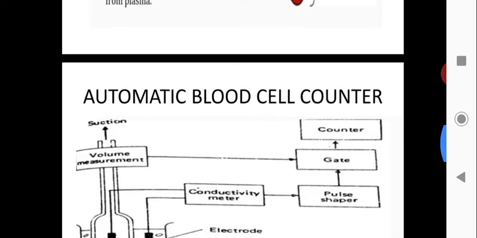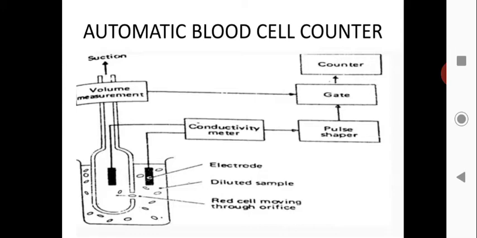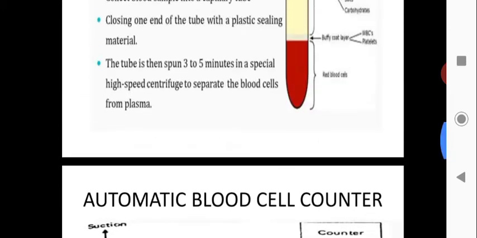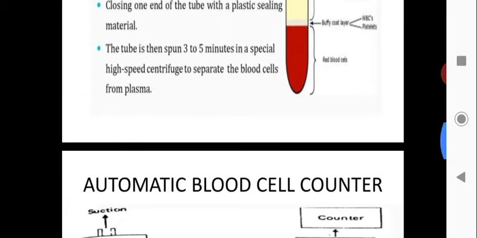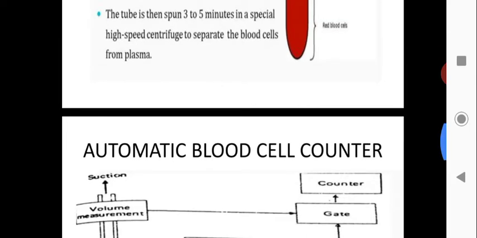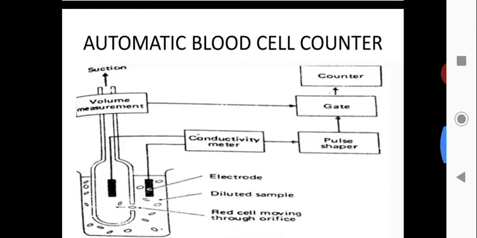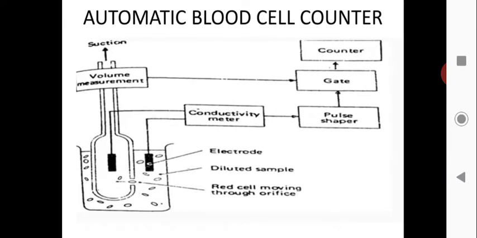Now we see the automatic blood cell counter. Here we have a chamber in which the red blood cells are diluted and applied.